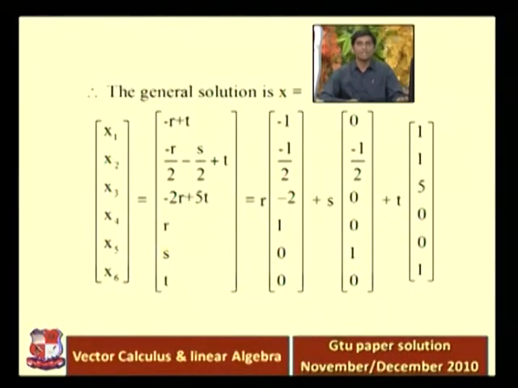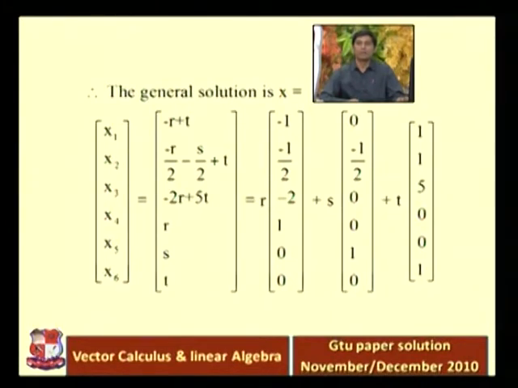x6 is equal to t. That is equal to r into... you can see in all the 6 answers the coefficients of r will be common.